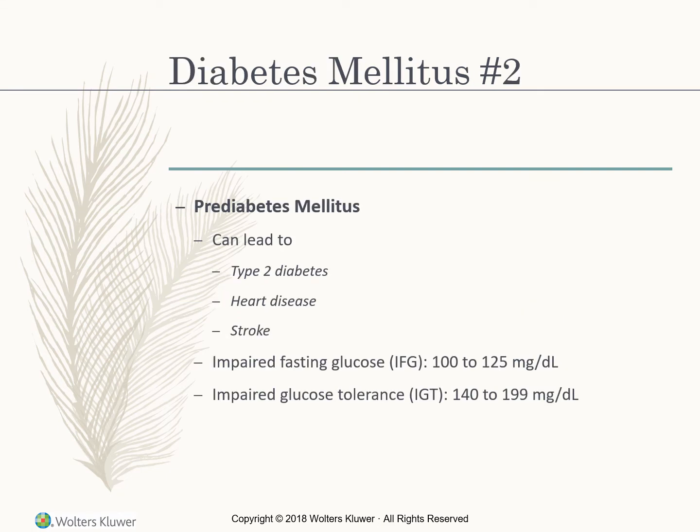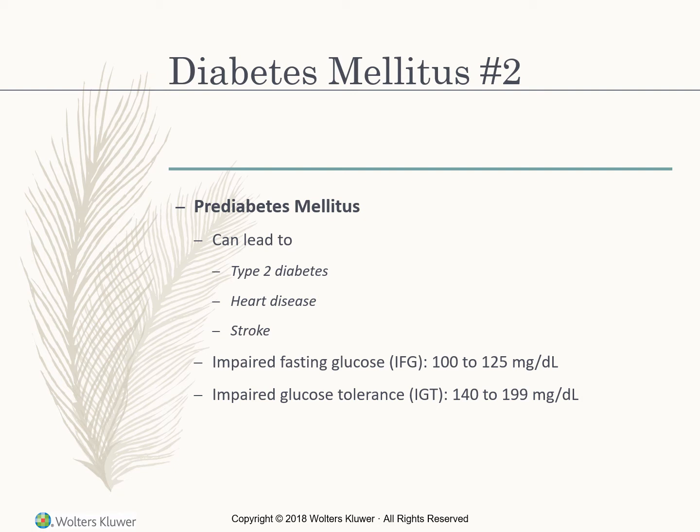So there's something called prediabetes, and this is something that the American Diabetes Association came up with because there's criteria where we can identify people with what we call prediabetes. And what prediabetes is, it's a list of criteria that the person can have that can lead to type 2 diabetes, heart disease, and stroke.